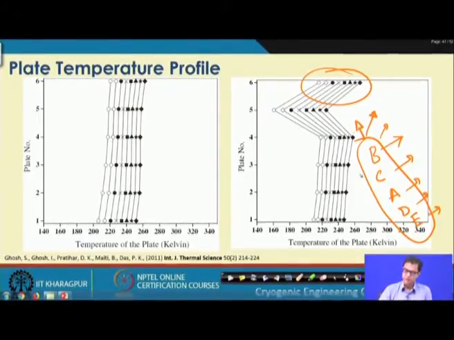That means we were looking at a particular design or stacking pattern, and corresponding to it, what outlet temperatures the simulation is predicting. So, simulation and design go hand in hand, particularly in the case of a plate fin type heat exchanger.